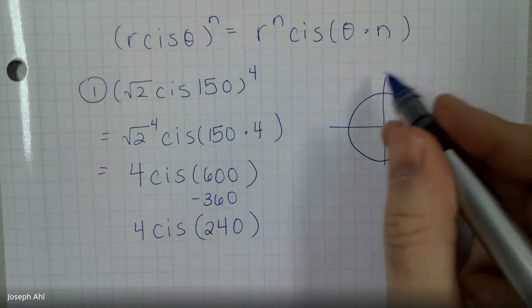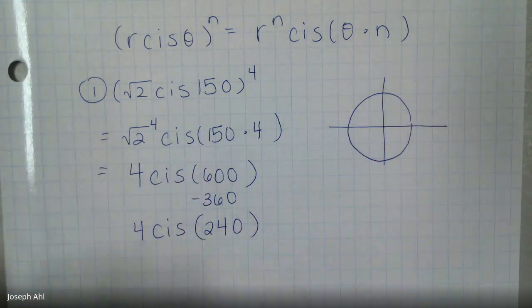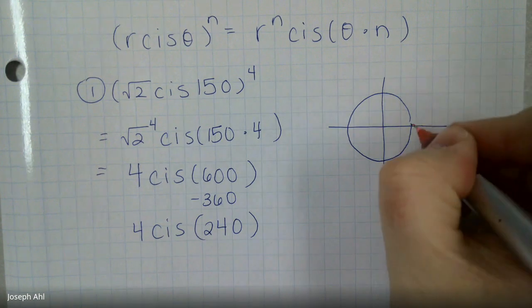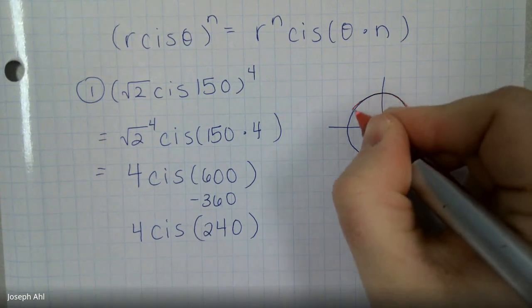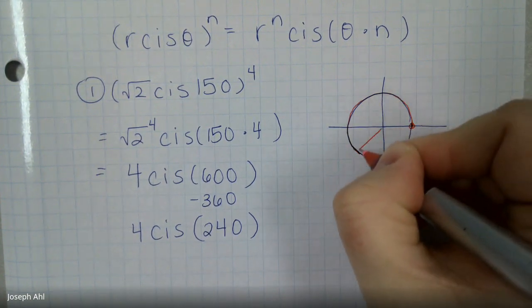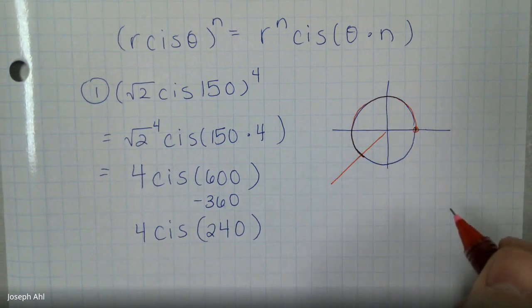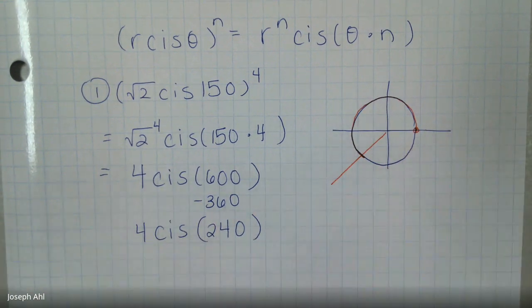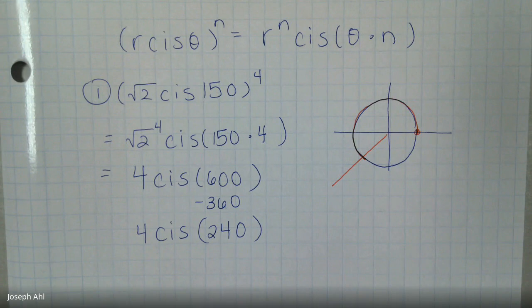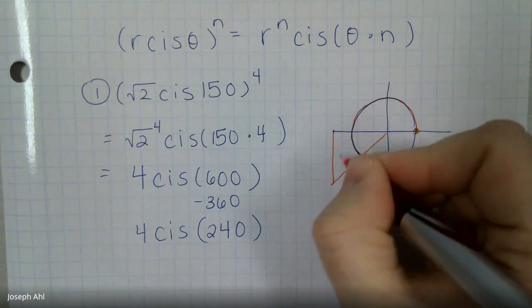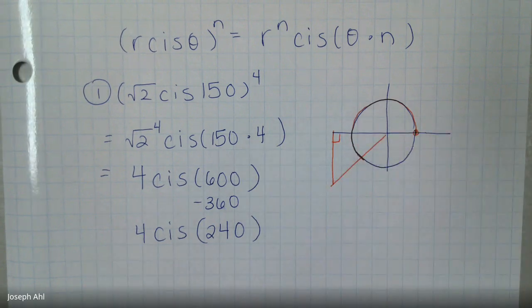So it rotated around once, 360, and then beyond that, it goes another 240 degrees, which we know winds up being in quadrant 3. So here's where the angle 600 degrees would end after rotating around once, and then another 240 beyond that. So create that right triangle like we always do with the x-axis.